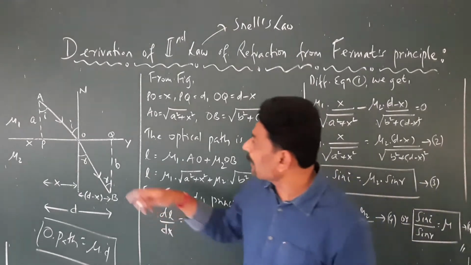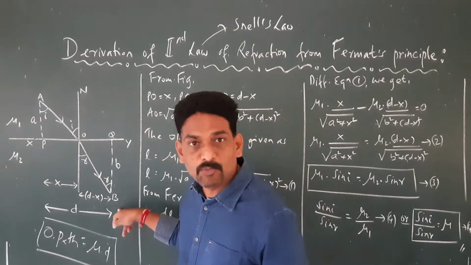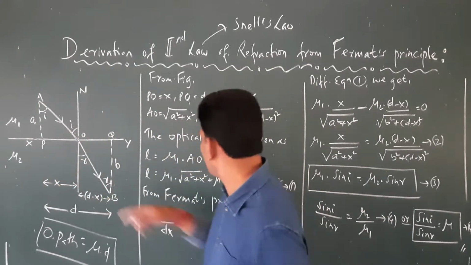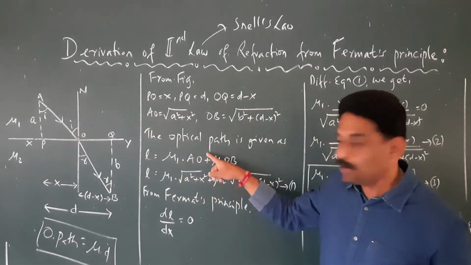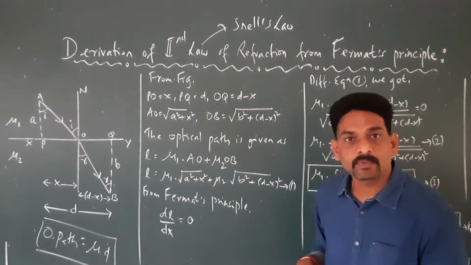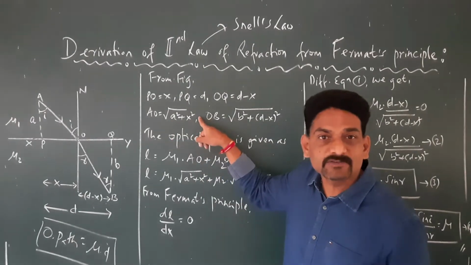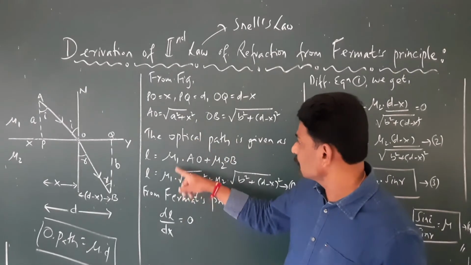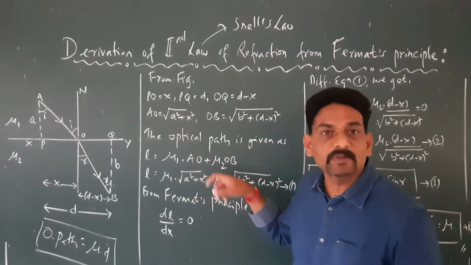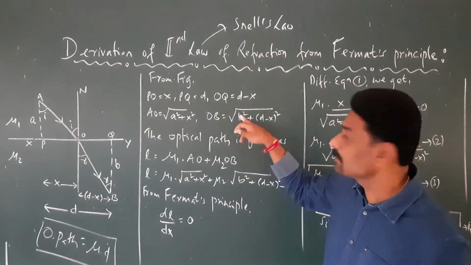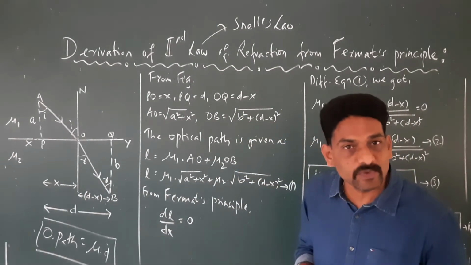So the optical path AOB is going to be what? mu1 into AO plus mu2 into OB. Right? But what is the AO? We know AO is root of a square plus x square. So it's going to be mu1 into root of a square plus x square. What is the OB? OB is given by root of b square plus (d minus x) whole square.